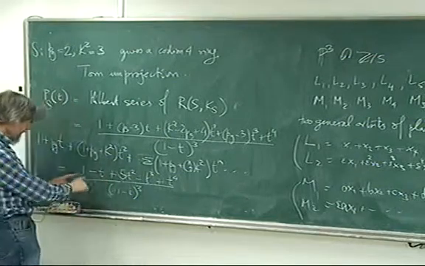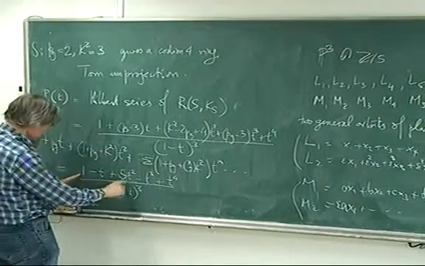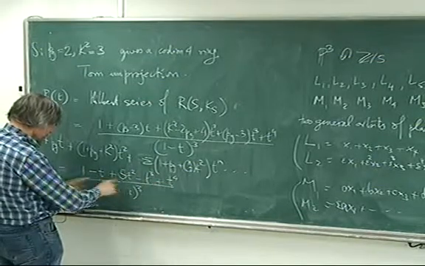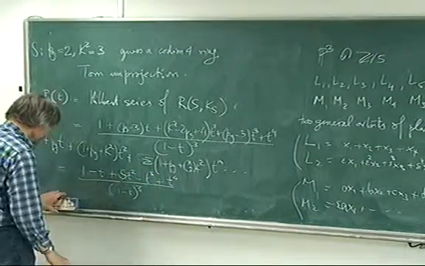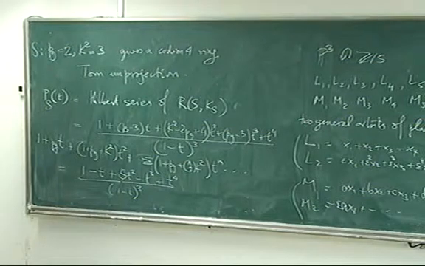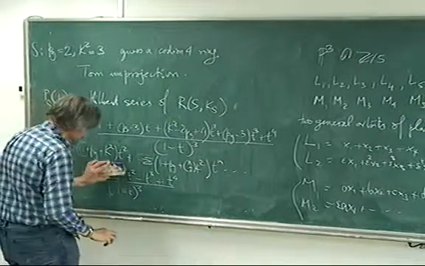Yeah, and so when I sum this, it is 1 plus 5, 7 minus 2, and maybe it was right first time. Sorry, this is 3.